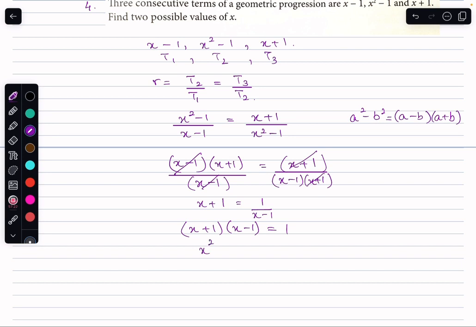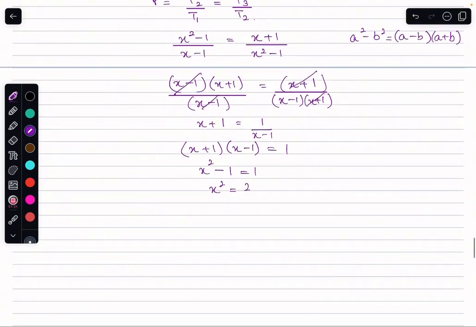I can say this equals x squared minus 1 equals 1, or x squared equals 2. So if x squared equals 2, I can take the square root on both sides, which gives me plus minus root 2. So the two possible values of x that I can have here are x equals plus minus root 2.